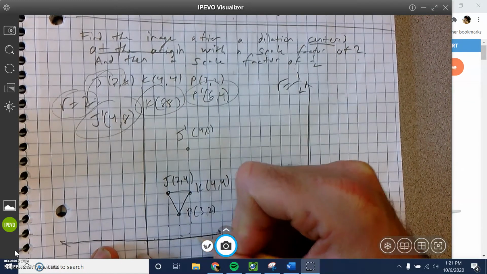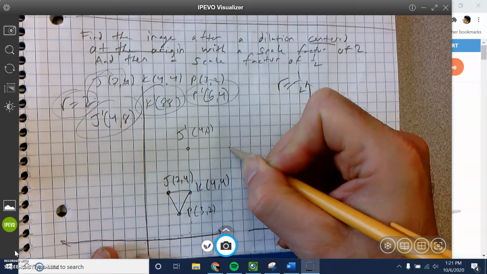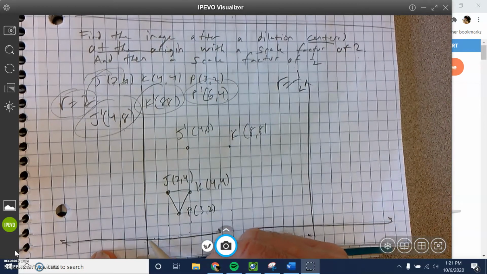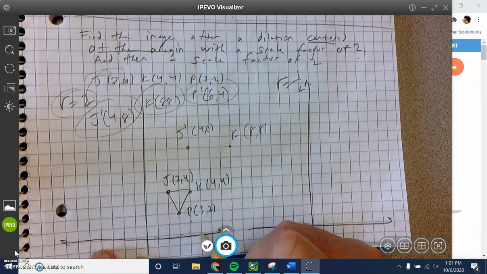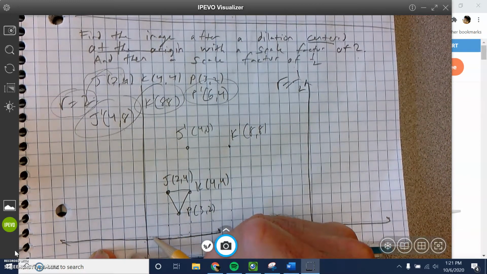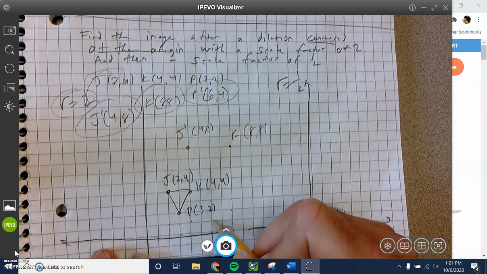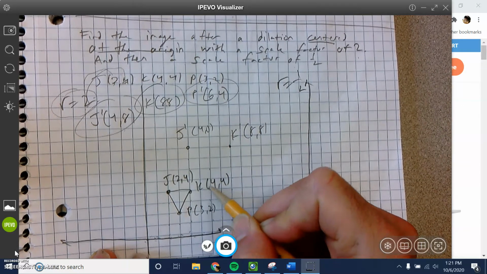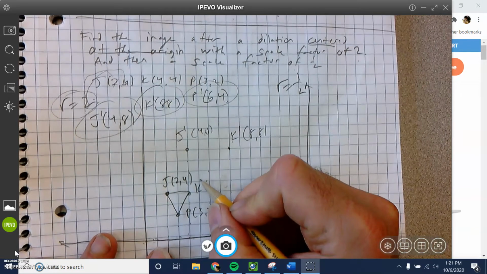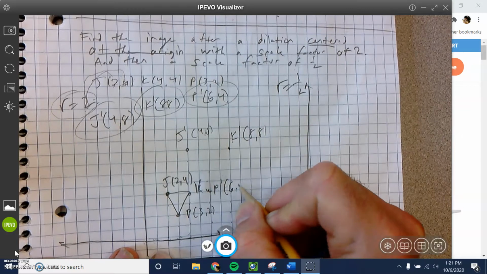And then we have P prime, which is 6, 4. We're overlapping with this K prime, right here. It's just regular K, and this is going to be P prime, which is 6, 4.